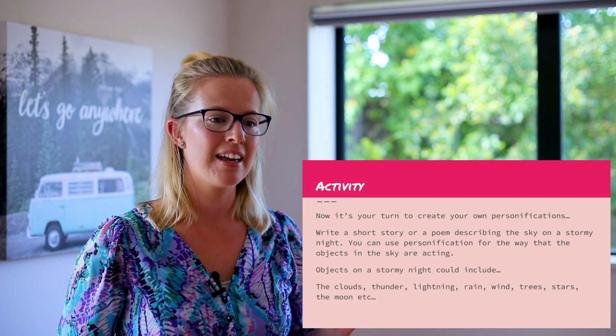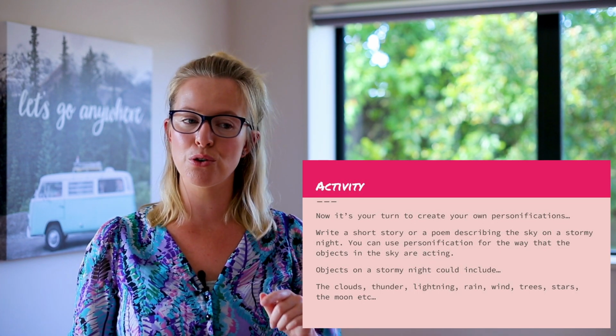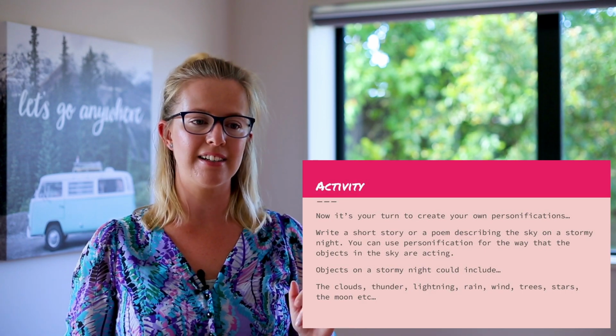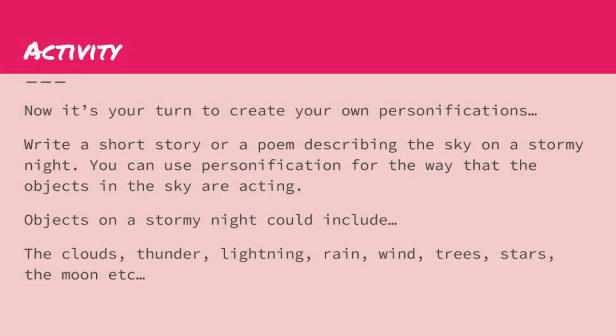Now that we've gone through some examples, it's time for you to start writing. Here is your activity. You're going to write a short story or a poem describing the sky on a stormy night. You can use personification for the way that the objects in the sky are acting. Objects on a stormy night could include the clouds, thunder, lightning, rain, wind, trees, stars, the moon.